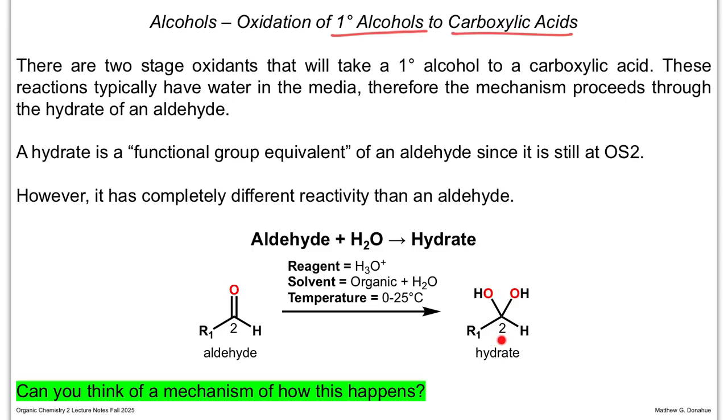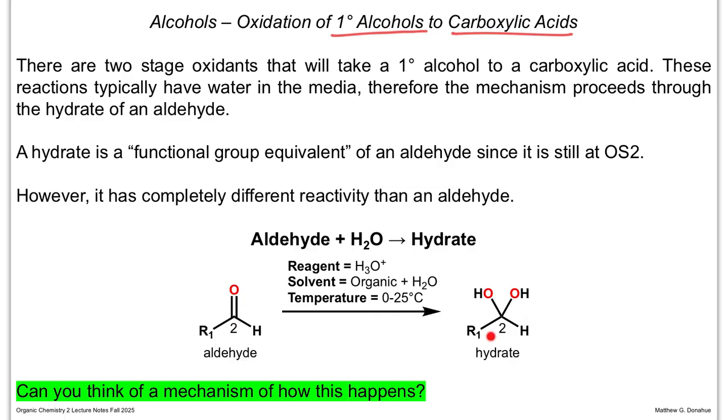So it's still 2, but now notice the pattern. You have a sigma and a sigma. So that carbon is now bonded to two OH groups. And that functional group is called a hydrate. So the difference between the aldehyde, again, we have one oxygen, now we have two, and that is what is required for a carboxylic acid.